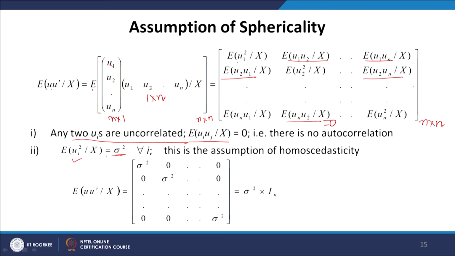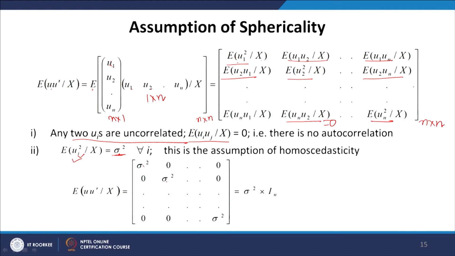And the second thing, expected value of ui square conditional upon x is sigma square for all i. This actually makes these expressions equal to sigma square. So, the diagonal terms are all sigma square. Sigma is independent of the observation. So, sigma is just a constant number, it is not dependent on the ith observation or jth observation.